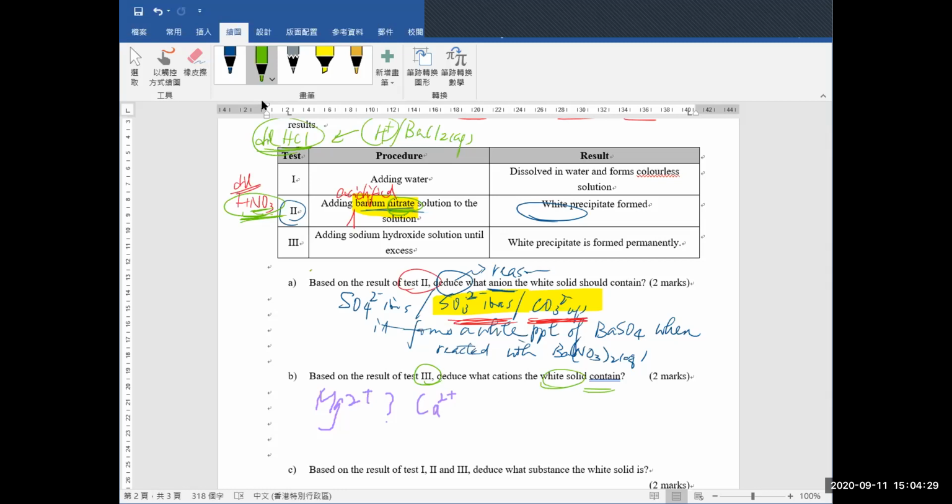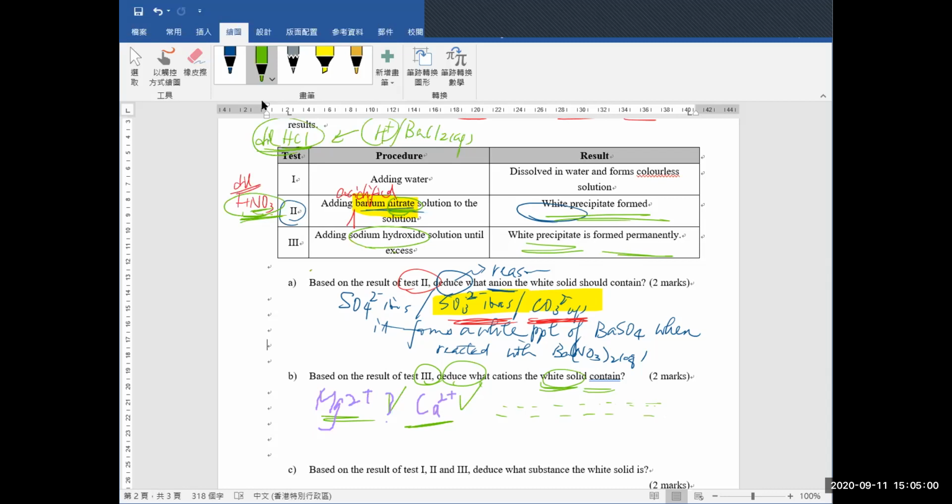So what is the possibility? Is it magnesium ion, calcium ion, correct? We've got those 2 possibilities, magnesium ion and calcium ion. So what will be the form of the white solid? Deduce. Again, you need to give me the reason. It's a very long-winded saying, you just merely copied it down, but it's not copying, you are going to write down those possibilities. White precipitate is formed permanently in this.